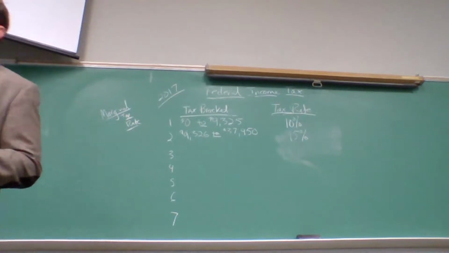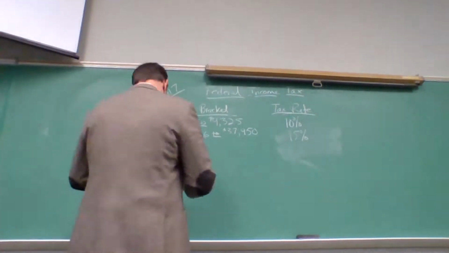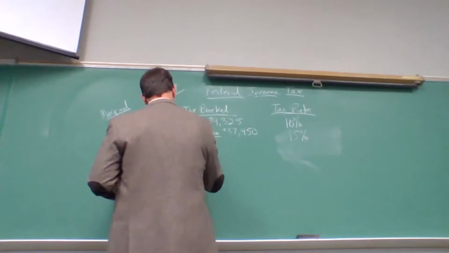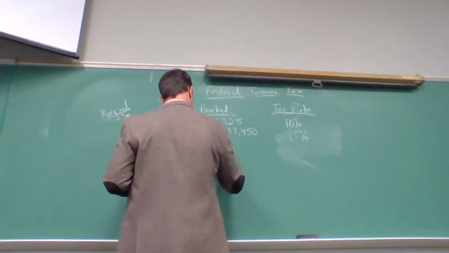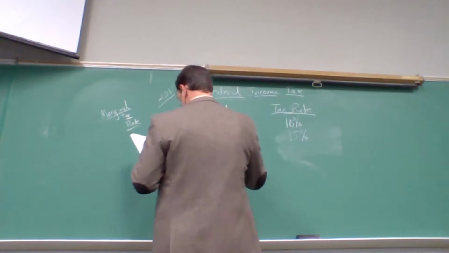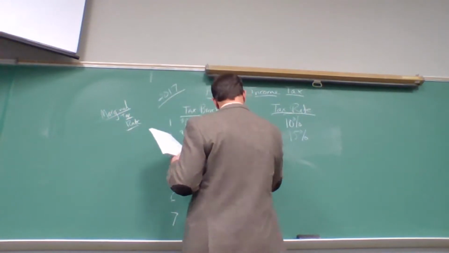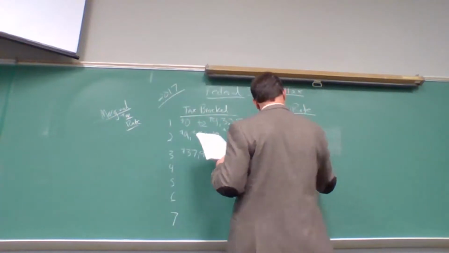Notice I said your earnings. At first I said if you earn. All right? You'll see what I'm talking about here in a minute. Your earnings 37,951 to 91,900 are taxed at 25%.